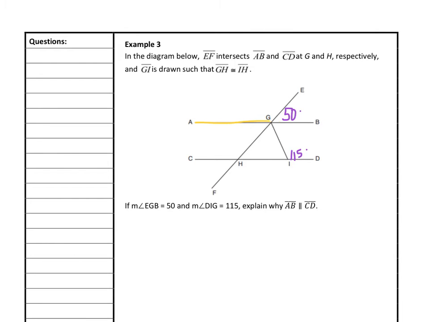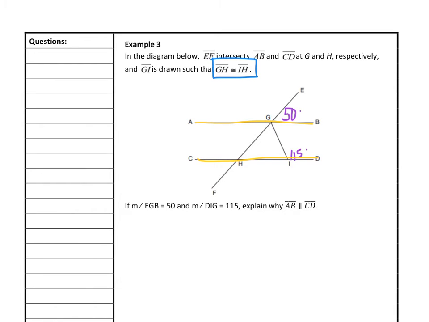So again, we're looking for proving or explaining why those two lines are parallel. So again, you just want to make sure you've marked up everything that they gave us so that we can figure out why those lines are parallel. Hopefully you're not sitting here thinking, oh yeah, I've marked everything up, because there's a really important statement up here at the top.